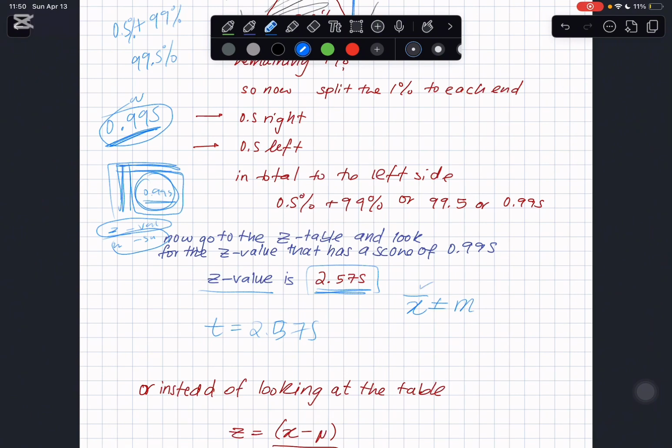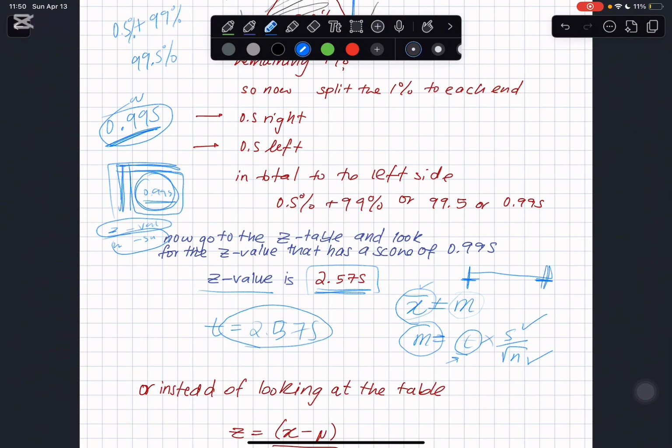We have the x bar, and we want to calculate the M. M was T times S over the square root of N. We have the S, which is the standard deviation, we have the sample size, and the remaining piece is the T. We calculate the T, plug it in here, get the margin value, and then plus or minus it from the mean, and you're going to get a range: two values, the minimum value and the highest value. So this is the interval we're looking for of the mean that's given.